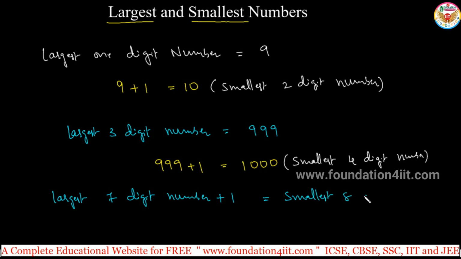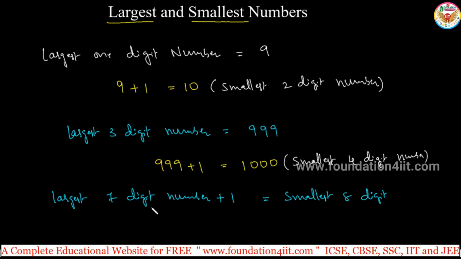Because the largest one digit number plus 1 is the smallest 2 digit number, the largest 3 digit number plus 1 is the smallest 4 digit number, and the same way the largest 7 digit number plus 1 is the smallest 8 digit number.